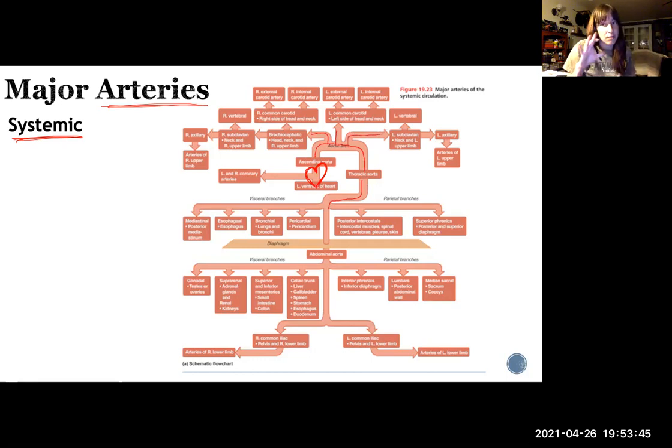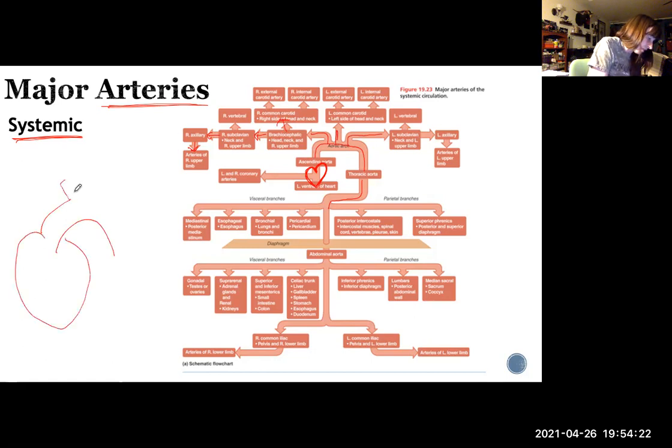And we're going to learn briefly and simplistically what those things branch into, which is roughly the right carotid in the case of the brachiocephalic, and the subclavian, which becomes the axillary, which branches into the right radial and ulnar arteries.